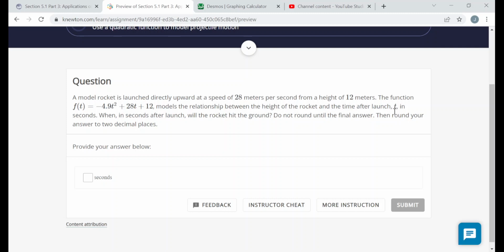So t represents the time after it was launched in seconds, and f of t represents the height off the ground, the height of the rocket. How high is it off the ground? That's f of t. So the question is, when in seconds after launch will the rocket hit the ground? Do not round until the final answer, then round your answer to 2 decimal places.